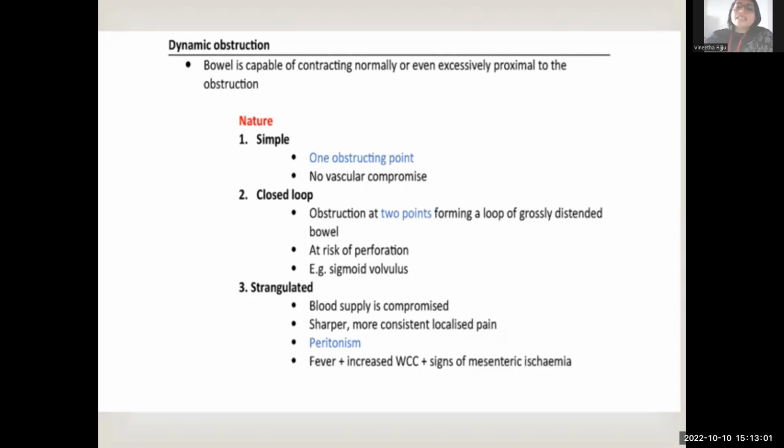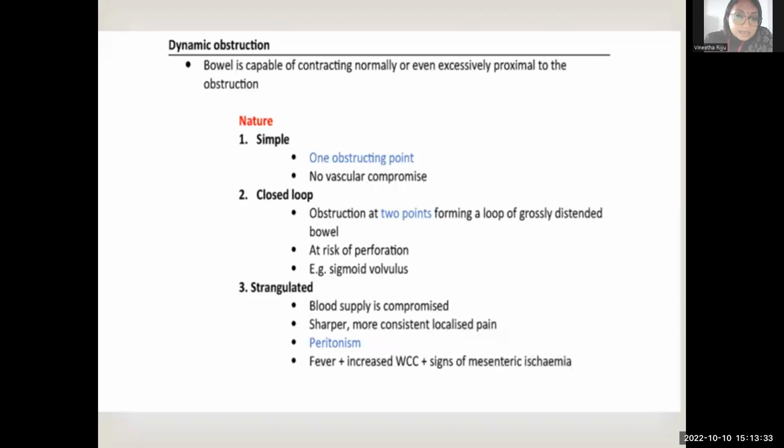Okay. And the patient experiences severe pain, a sharp localized pain. And we also say that on examination, the patient has features of peritonism. Okay, peritonism. Because when you touch, the patient seems as if he's kind of okay. The moment you take off your hand, that is when the patient screams in pain. That is very, very typical of peritonism.